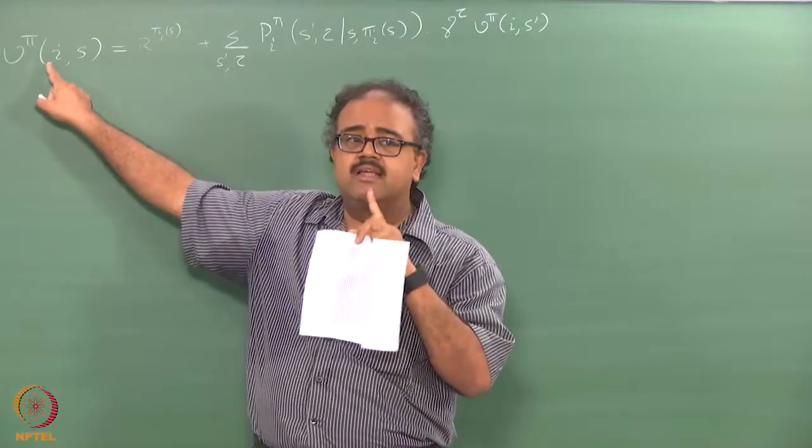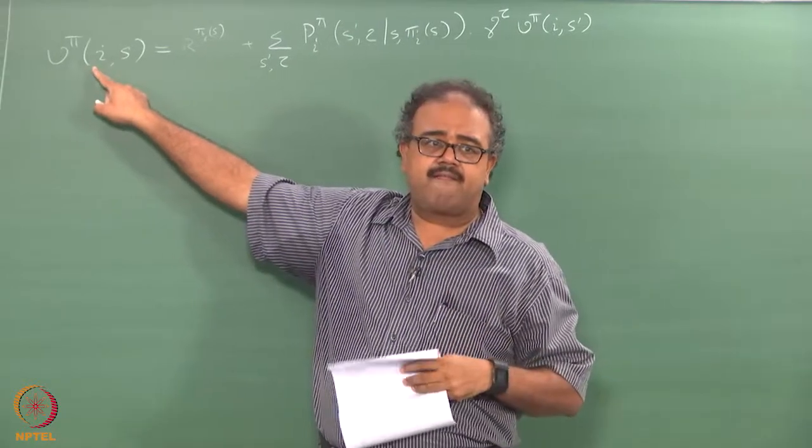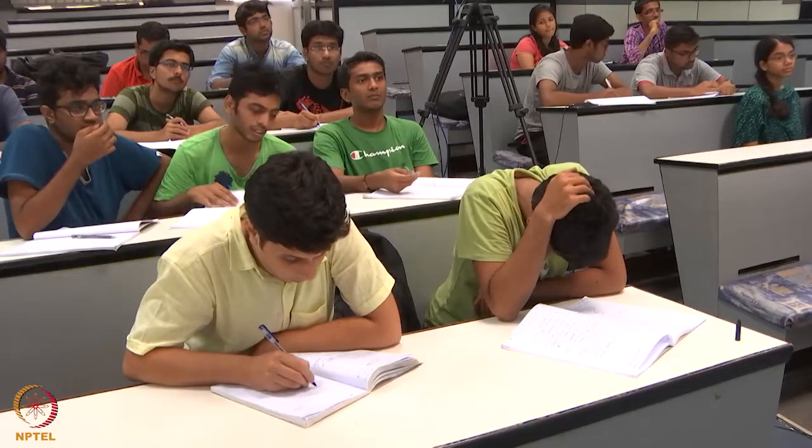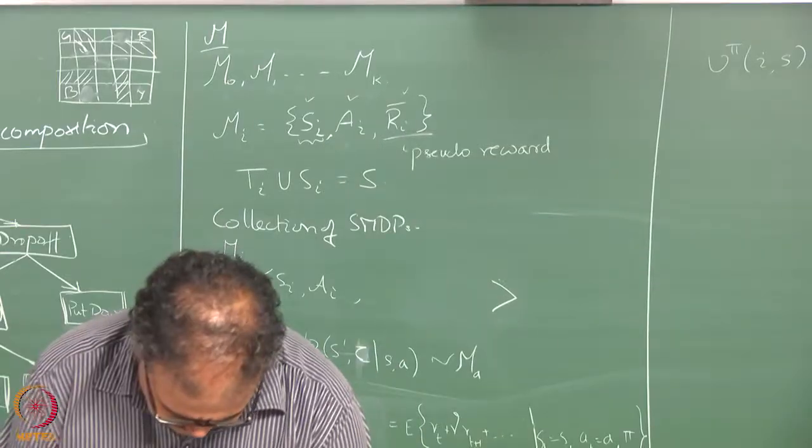Because I am just looking at the value of state S in a particular subtask I. But say at a particular state it calls SMDP MJ. So will it depend on the value function of that MJ? No, he is right.